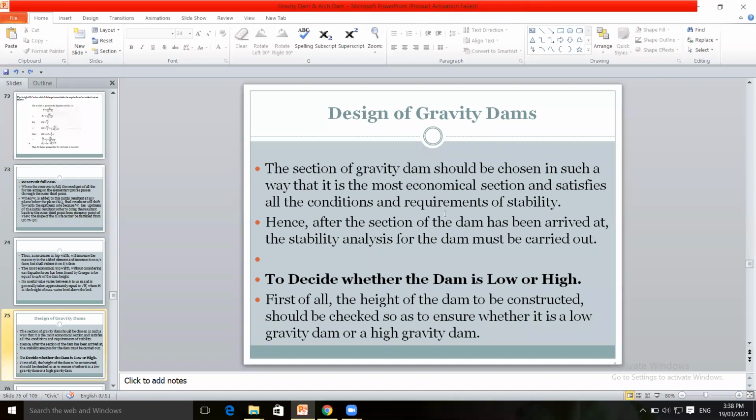So stability should be ensured. It should satisfy these requirements of stability, and it should be the most economical section. After the section of the dam is designed, the stability analysis for the dam must be carried out.